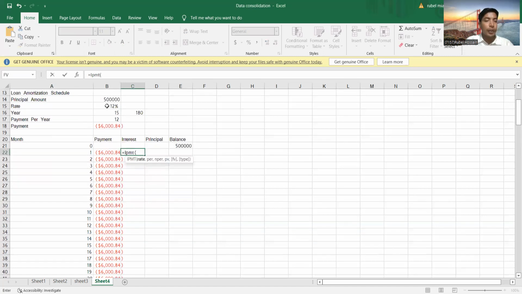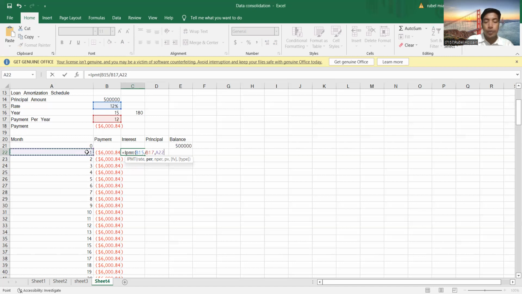So click on rate and divided by payment per year. Then comma, then here you can see a new option, that is per. How much interest will be per month, we don't know. So you have to click this option.